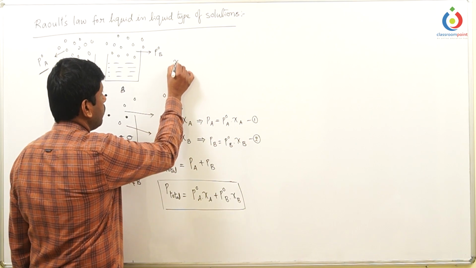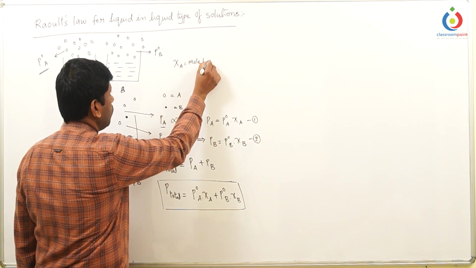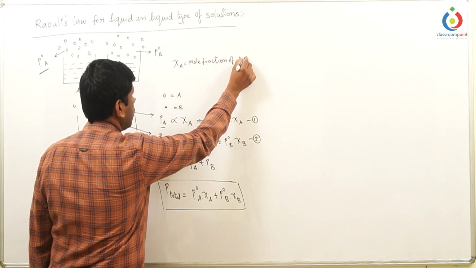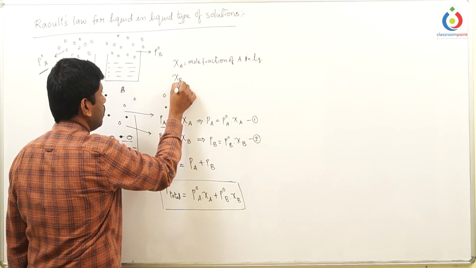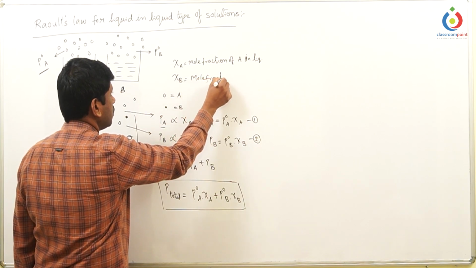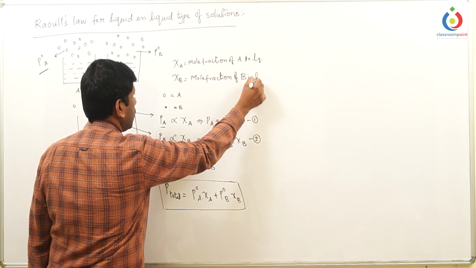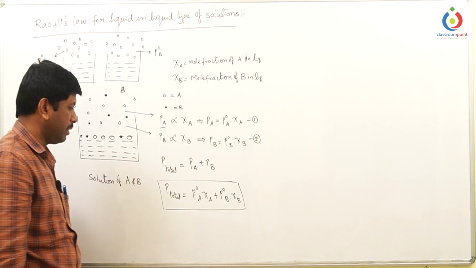So here we can write XA equals mole fraction of A in liquid, XB equals mole fraction of B in liquid phase. So both are in the liquid phase.